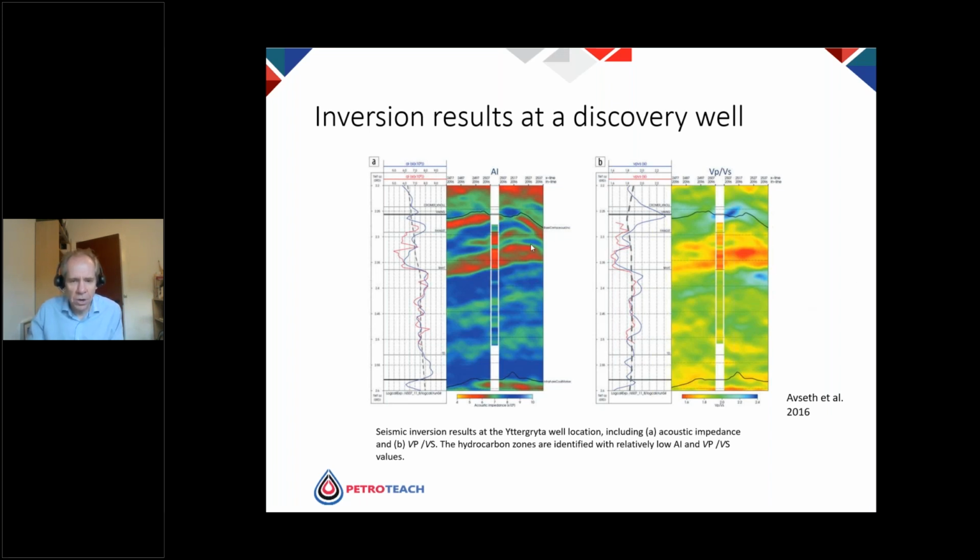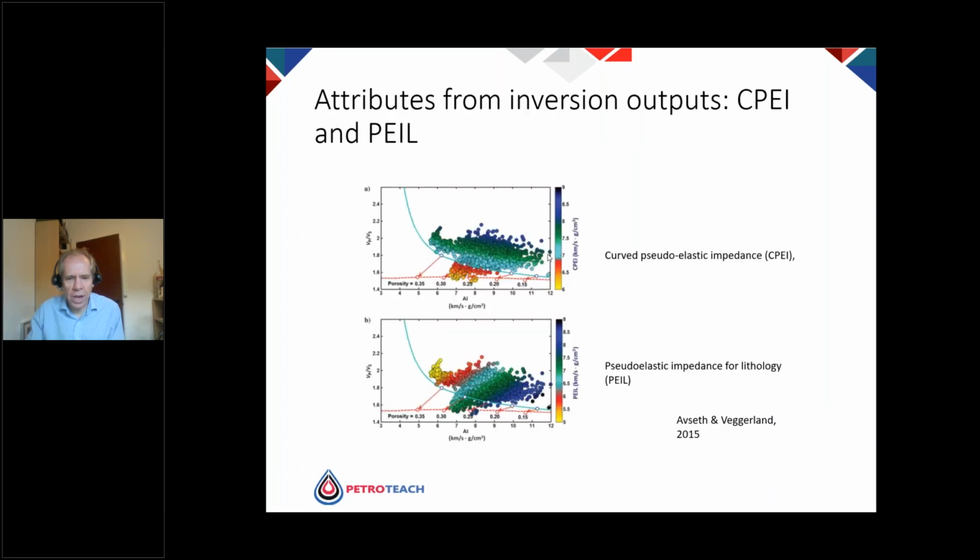So here's our reservoir sand, and it's showing an anomaly in the VP-VS. So this is indicating that there's going to be hydrocarbon in there. We have to be careful, okay? So if I go ahead a slide and then I'll come back.